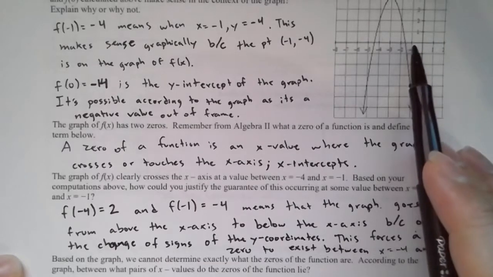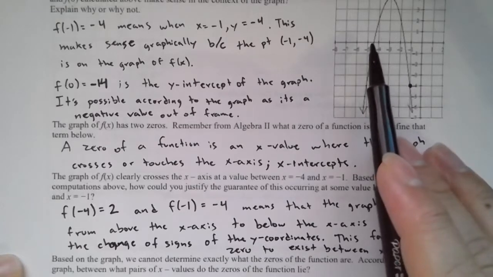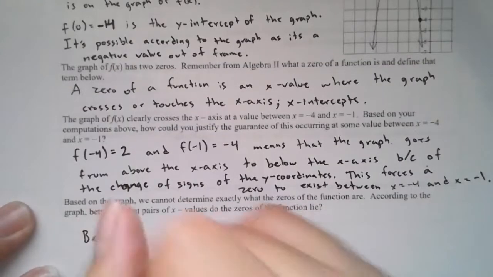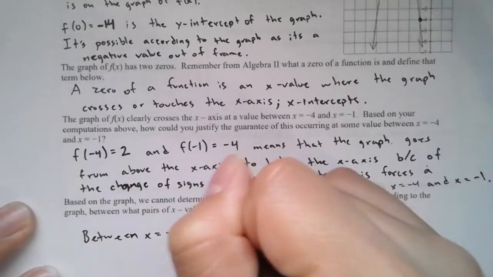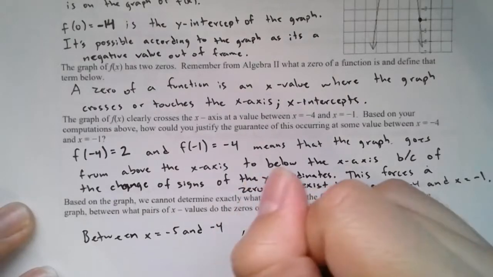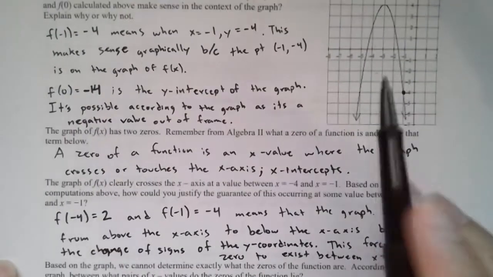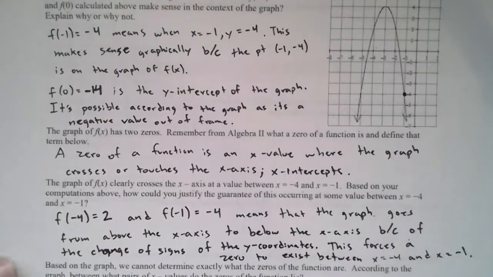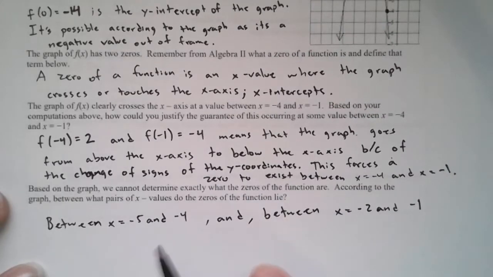Let's take the first one, reading left to right. Between x equals -5 and -4, and between x equals -2 and -1.